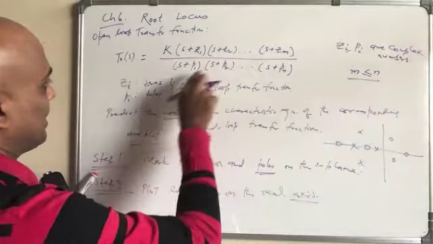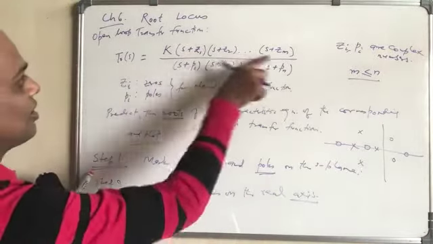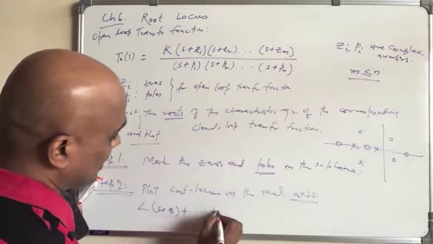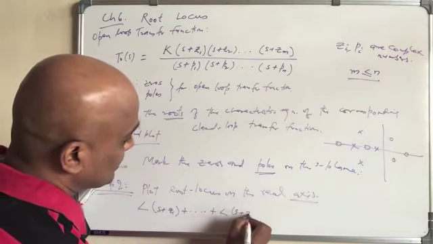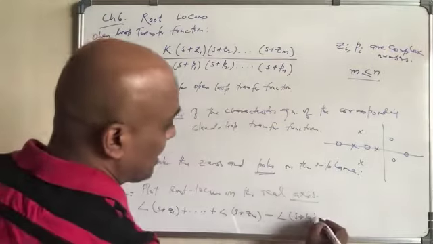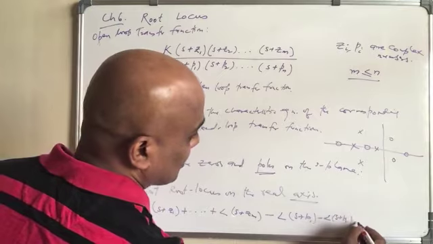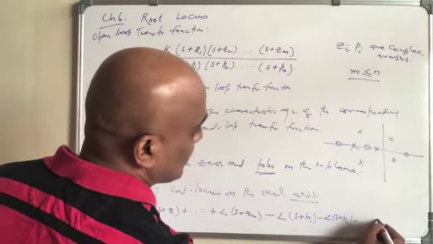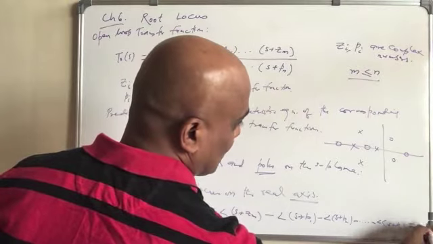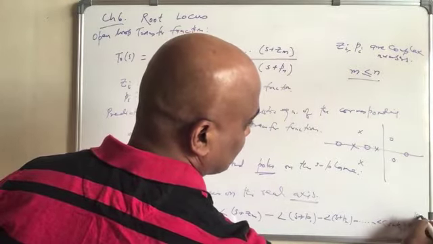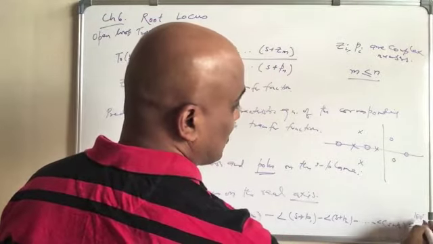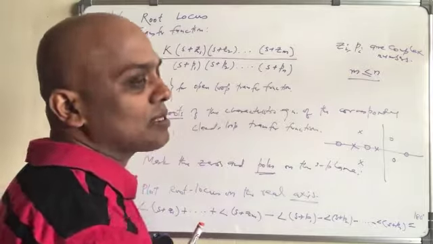Basically, you know that the angle of S plus Z1 plus and so on, plus angle of S plus Zm, minus angle of S plus P1, minus angle of S plus P2, and so on, minus angle of S plus Pn, all should be equal to 180 degrees, plus or minus 180 degrees.